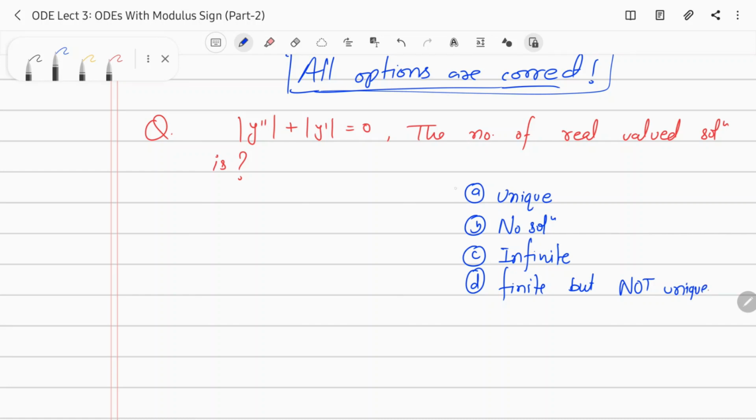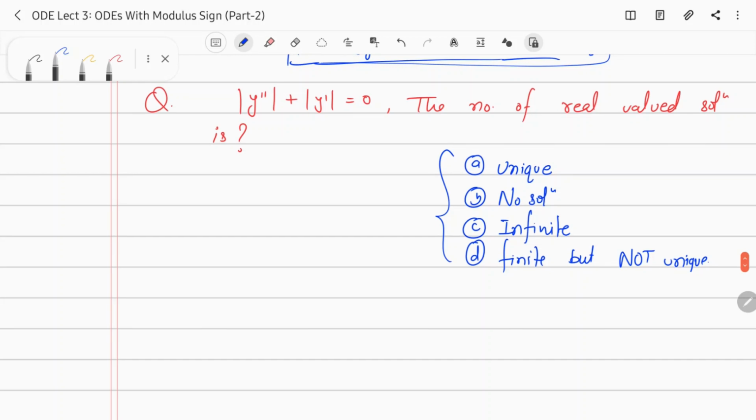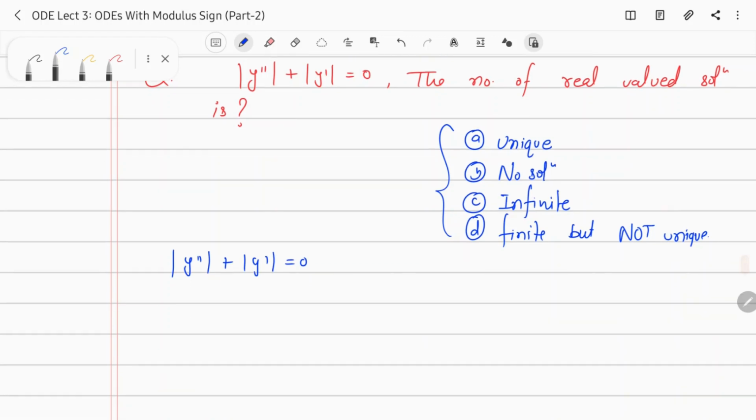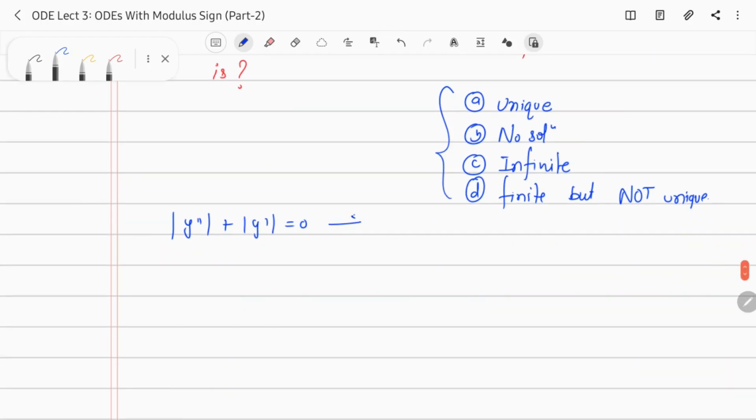So let us say these are the 4 options of this question. Now if you see the differential equation, mod y double dash plus mod of y dash equal to 0, it is intuitively saying that y equal to 0 satisfies this differential equation. You can see it clearly.